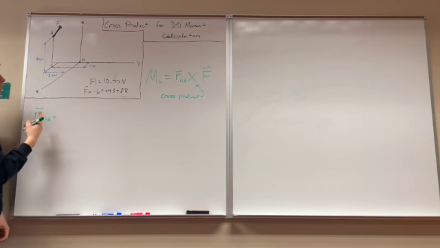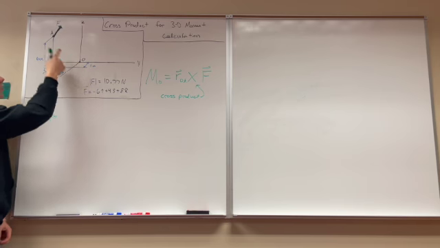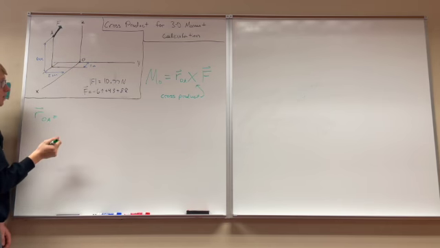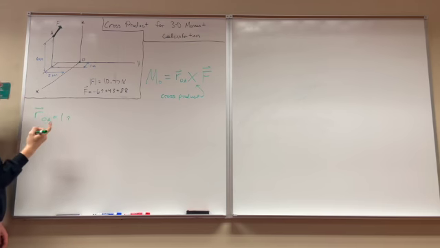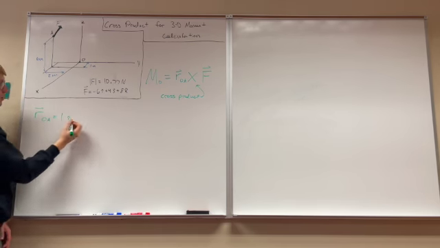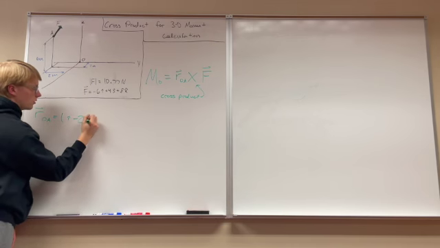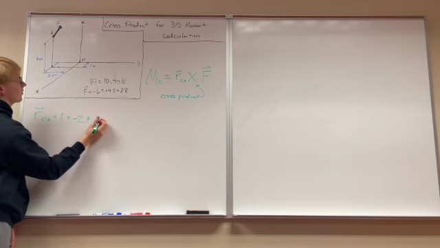So if we start at O and we go to A, in the x direction we're going to travel positive 1 meter. In the y direction, we're going to go -2 meters. And in the z direction, we're going to go +6.